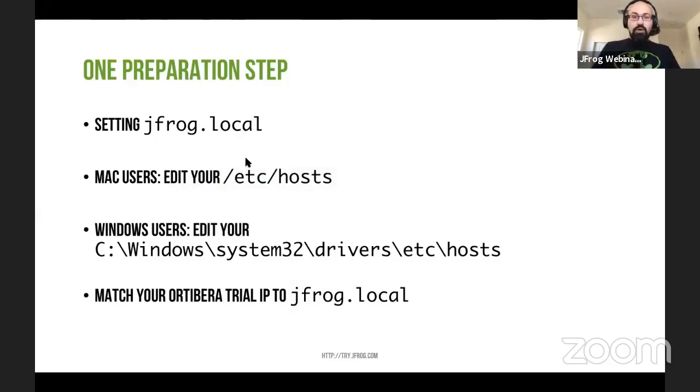If you are on Mac, what you need to do is edit your etc hosts file. And I'm on Mac, so I'm going to show how to do it now. If you are on Windows, you need to edit your Windows System32 drivers etc hosts. It's actually the same file, in the same format. The location is different based on the operating system. So Mac and Linux: etc hosts. Windows: Windows System32 drivers etc hosts.